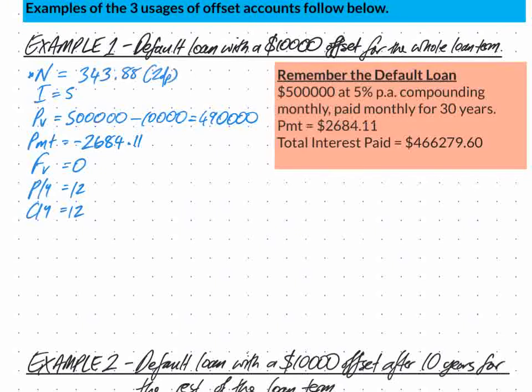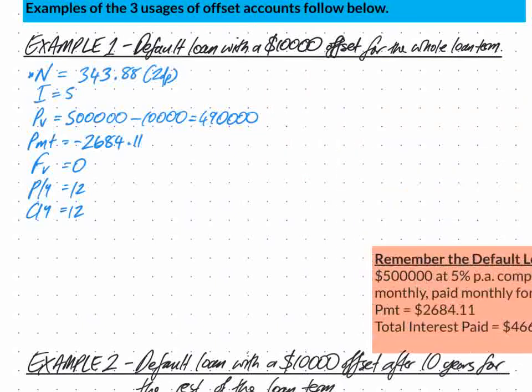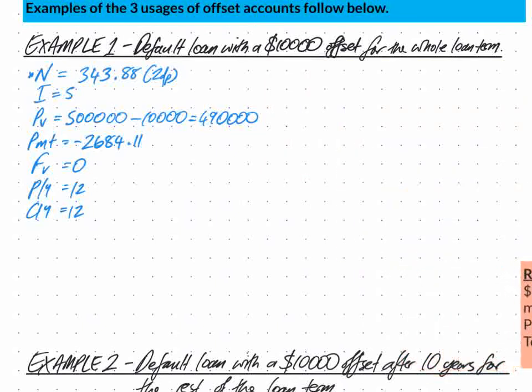So we can work out the interest. So I can move this down. The interest is going to be I is equal to the payments, $2,684.11 times 343.88 payments, minus 490,000, which was my PV, and I got the debt down to 0.